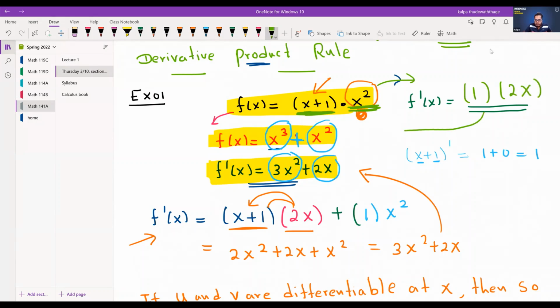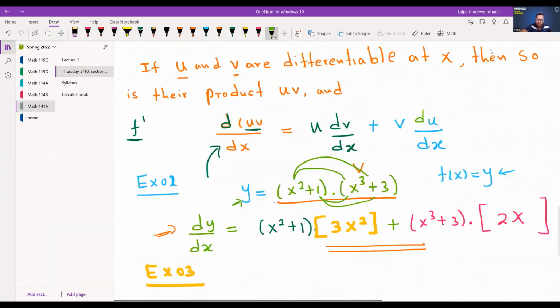Is it equal to this guy? No, right? You are missing some part. Is my argument clear, AJ? Yeah. So if you have a plus, you can differentiate separately, but if you have a product, you cannot differentiate the first guy and the second guy and multiply. It will give you a wrong answer.